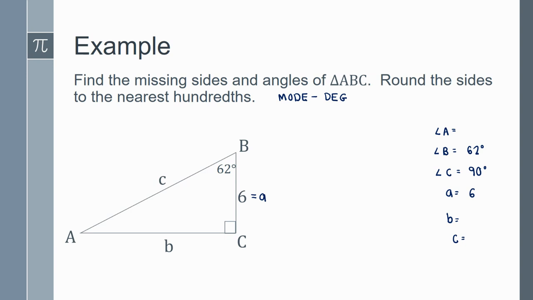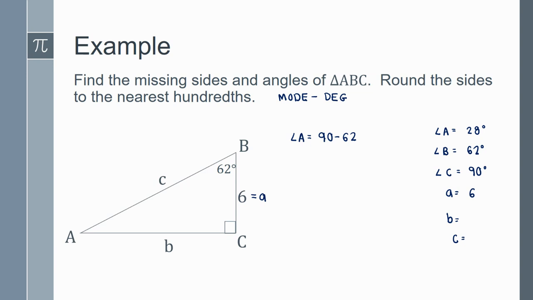Like I mentioned in the other slide, remember, 3 angles of a triangle add up to 180, or in this case, the 2 acute angles are going to add up to 90 because the third angle is 90. Because I gave you angle B, to find angle A, we just have to subtract 62 from 90. That's going to give us angle A right away to be 28 degrees. So that shouldn't be the hard part.